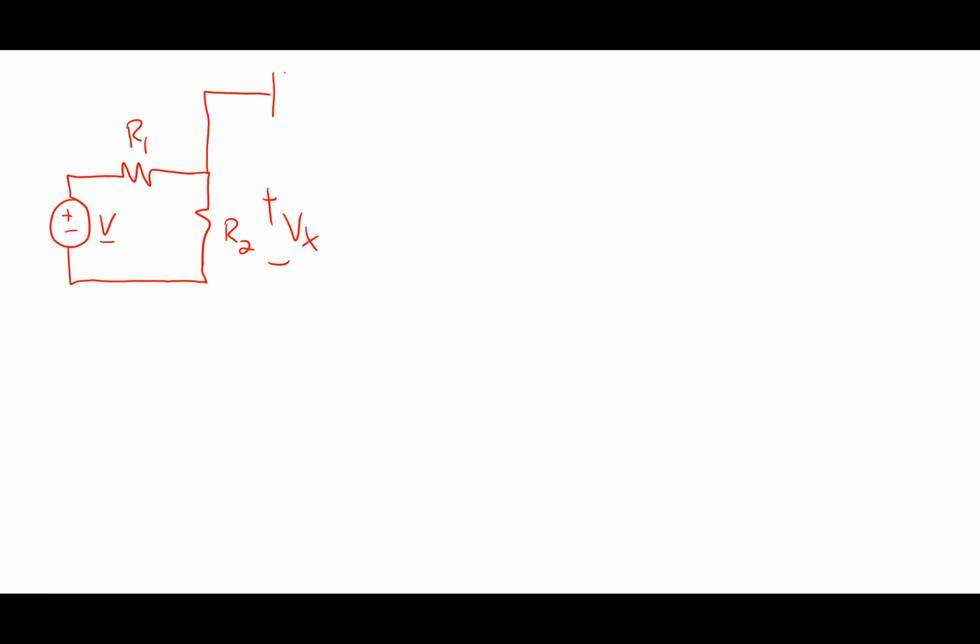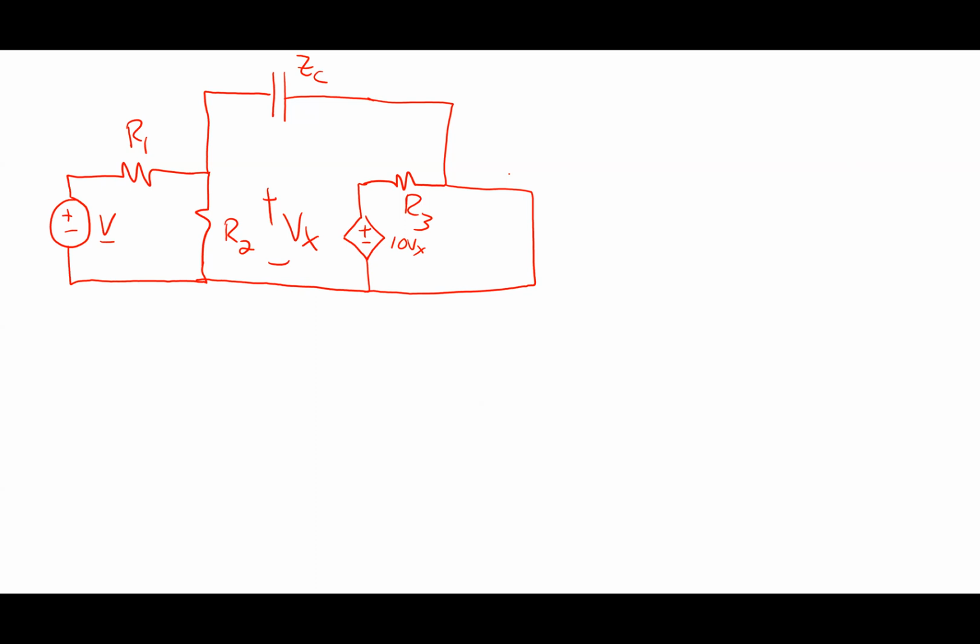I've got Z sub C up here, R3 right here, and the 10 Vx right here. Node all the way across the bottom, and I'm doing short circuit current. I've got I short circuit right there.